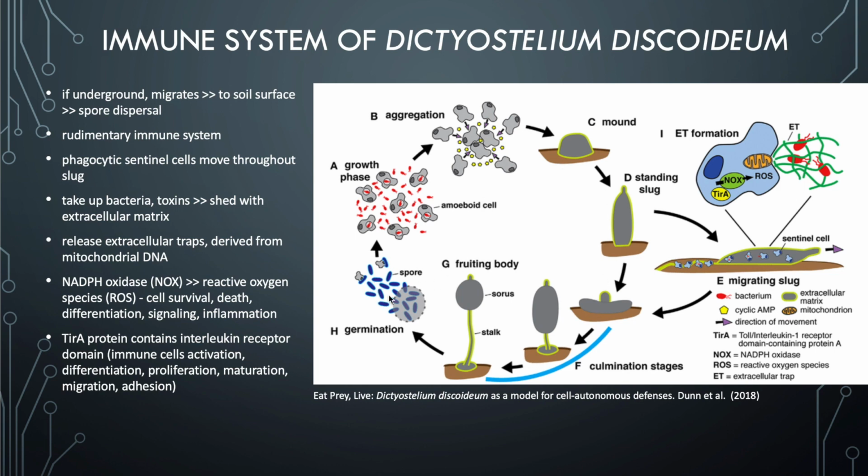Once the spores germinate, they go through their growth phase, so they multiply by binary fission. Lots of cells are formed as they replicate, and then starvation happens, they run out of food, and they start aggregating, start the aggregation process, they get together through this cyclic AMP, and then the mound is formed with this now extracellular matrix.